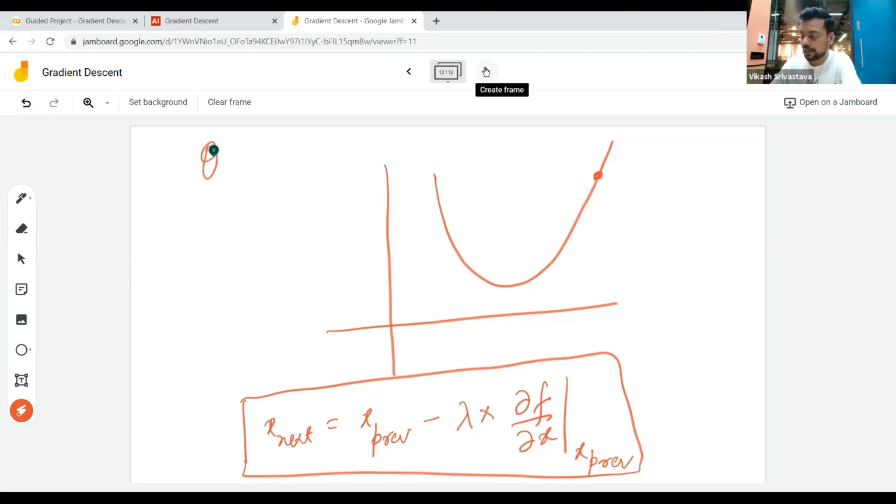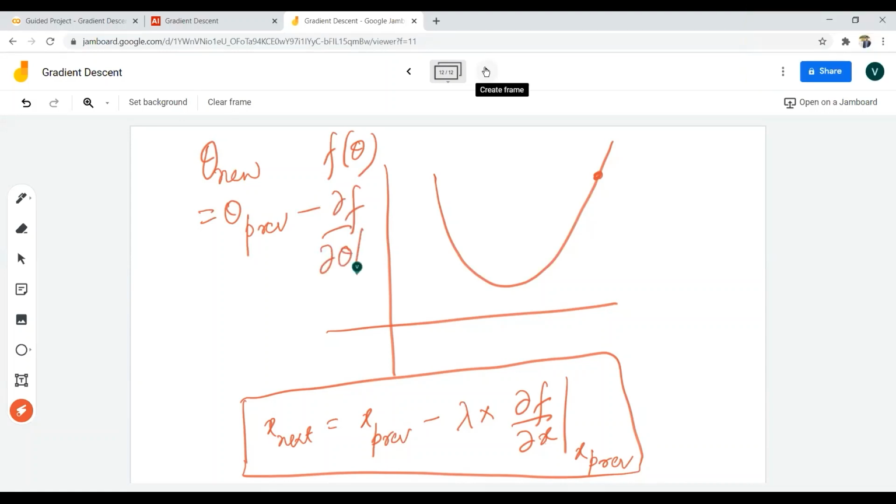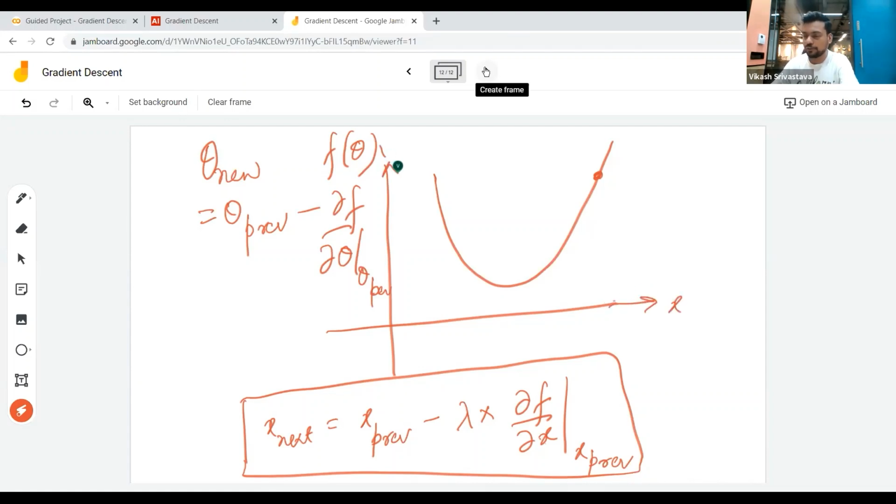Let's say there is only one parameter in the model, f of theta. Then theta new is equal to theta prev minus df d theta evaluated at theta prev. In this case the function was a function of x, but in machine learning our loss function will be a function of theta, because the dependent variable is known, and the function is in the form of theta only. So the only unknown variable that we have is theta.